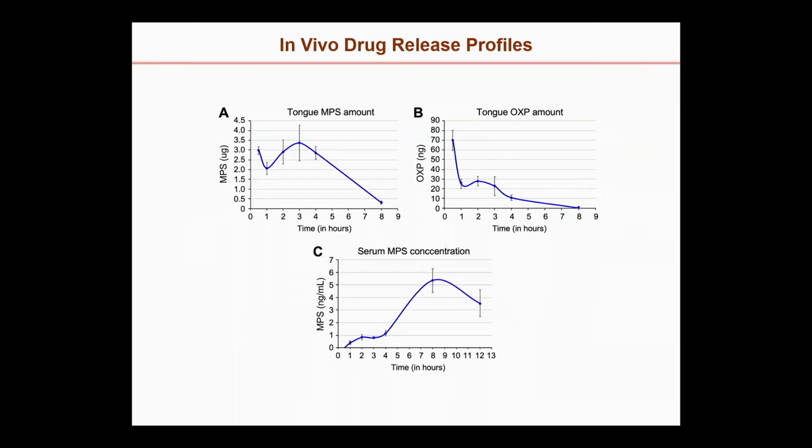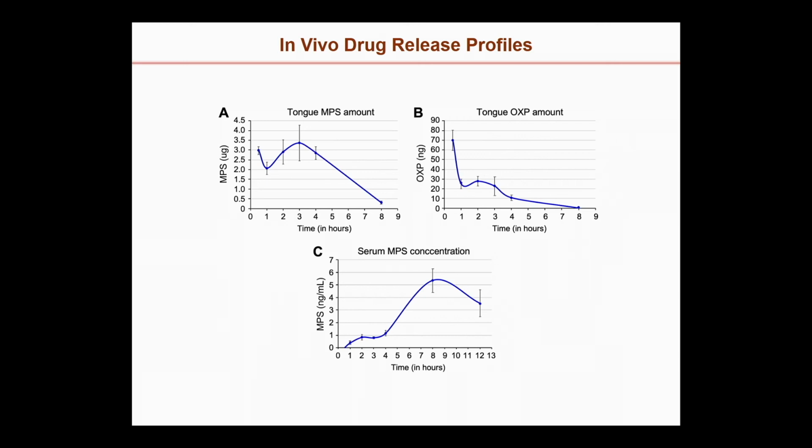For the last one, I show some preliminary data where we look at the in vivo drug release. We don't have the complete data yet, but this is the profile that we get. On the A panels, we assay the mycophenolic acid release in the tongue tissue after we apply the patch on top of the tongue from 1 hour to 4 hours. And the B is the oxaliplatin amount.